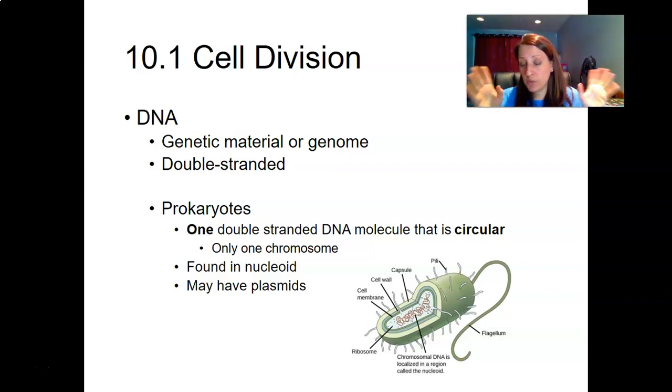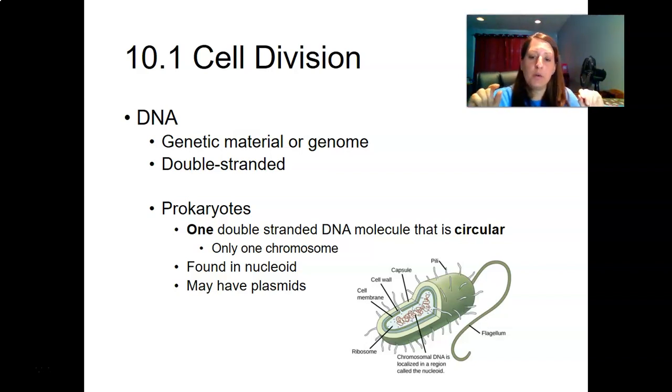Now, here's one other thing I want to allude to. Again, if you take General Bio 2 with me, we'll talk more about this. Although bacteria and prokaryotes in general only have 1 larger, circular, double-stranded chromosome, they may have small, circular, double-stranded bits of DNA called plasmids.